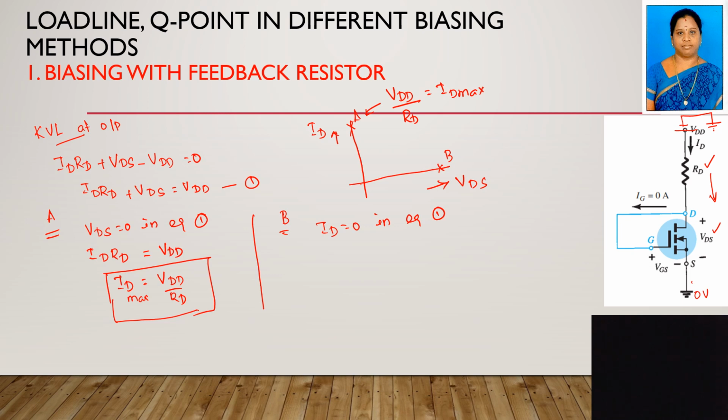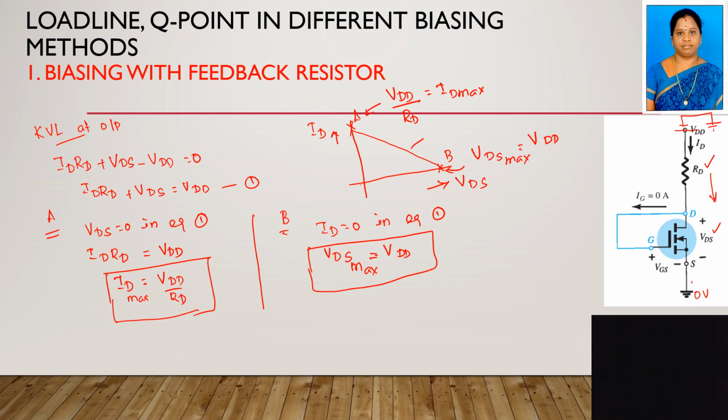Then you will get VDS equal to VDD. This is the maximum drain source voltage. This point is VDS max, which is equivalent to VDD.